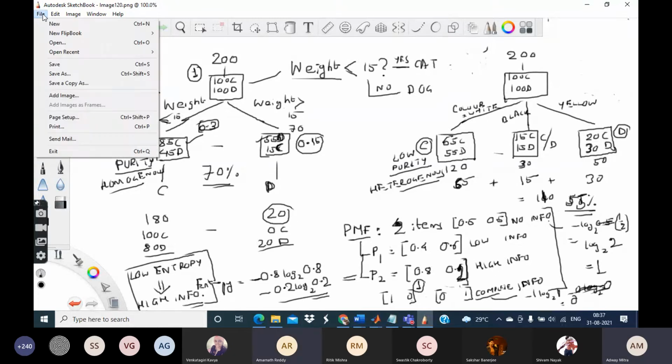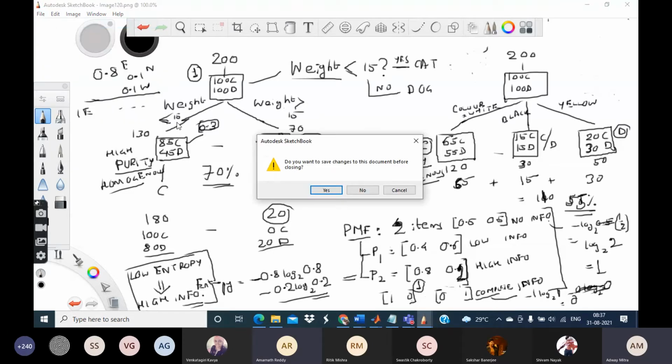Yes, sir, but the remaining sides also have some probability, right? So there is more information compared to arising at only one side. See, by information I mean certainty.